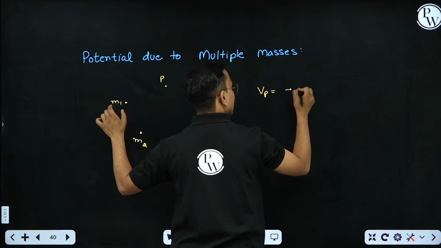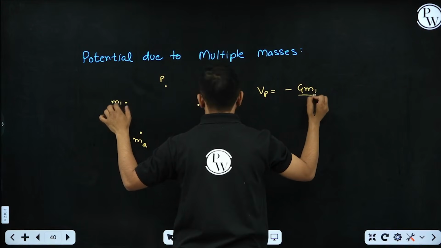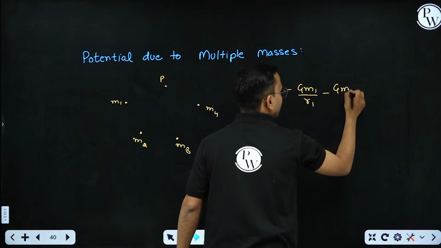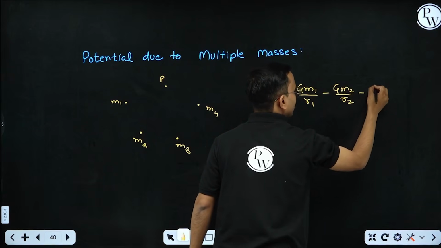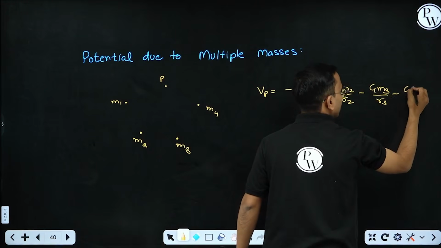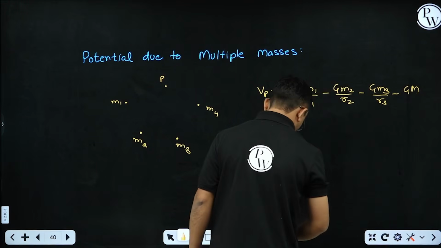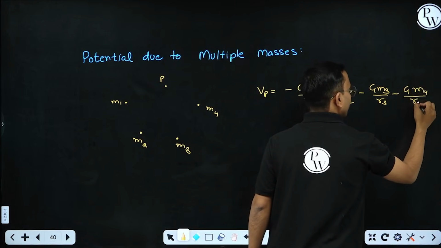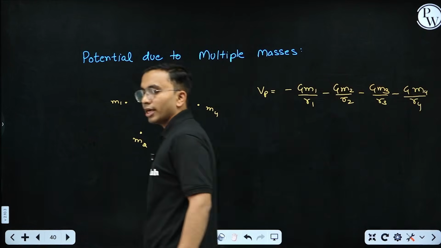What is that? Minus G into m1 by r1, minus G m2 by r2, minus G m3 by r3, minus G m4 by r4. Just add the magnitudes.